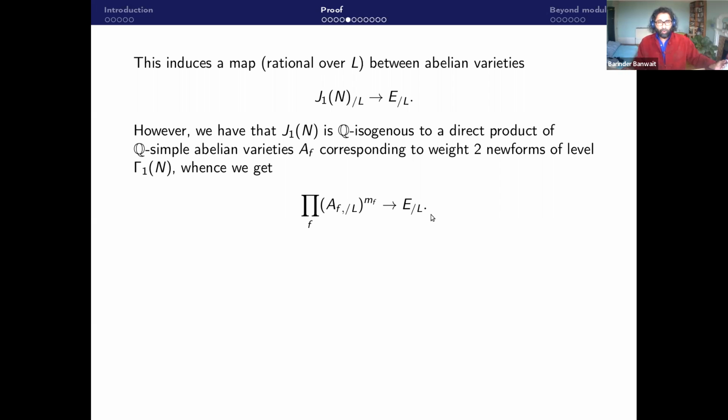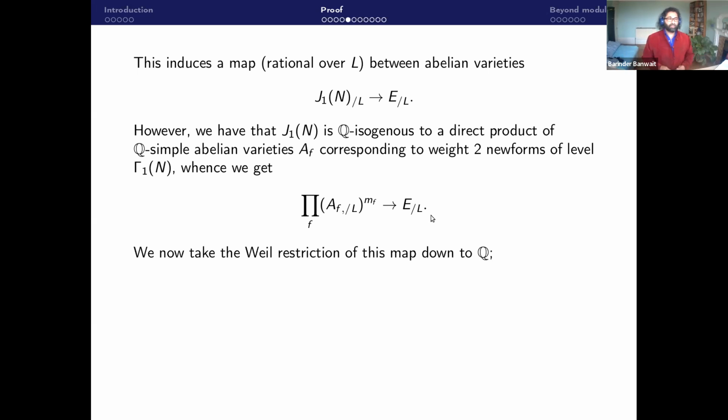Now, what we're going to do next is take the Weil restriction of this down to Q. Before we do that, just to recap, these objects E and A_f, these abelian varieties, are actually all defined over Q. But we've pretended that everything is defined over L, and now we're going to take the Weil restriction back down again.